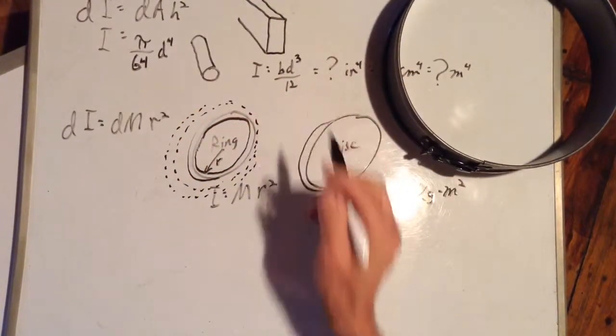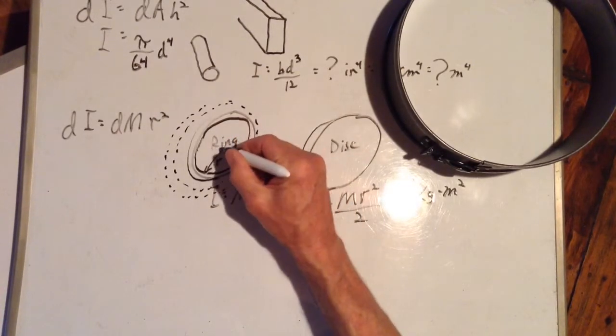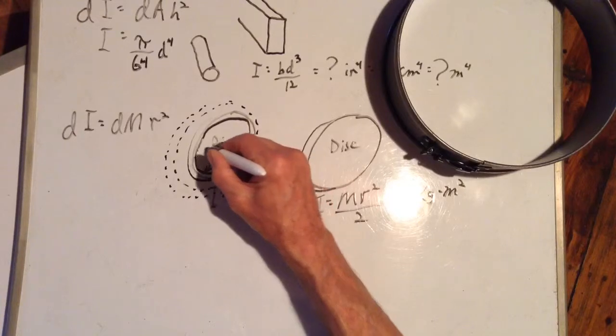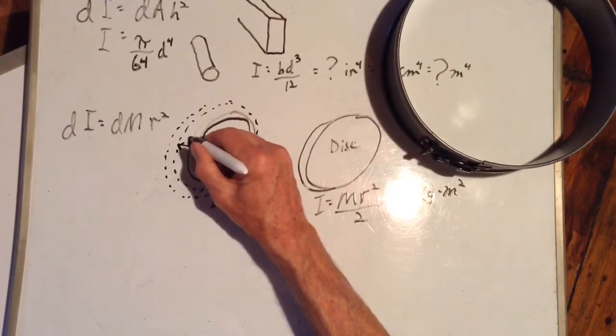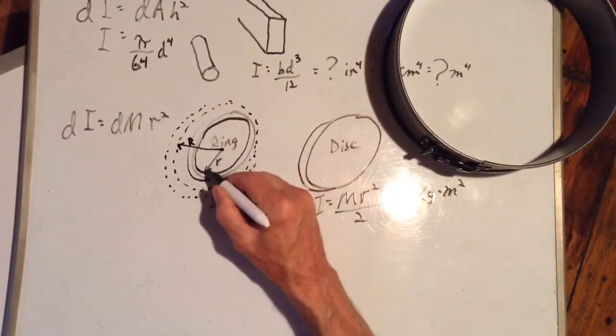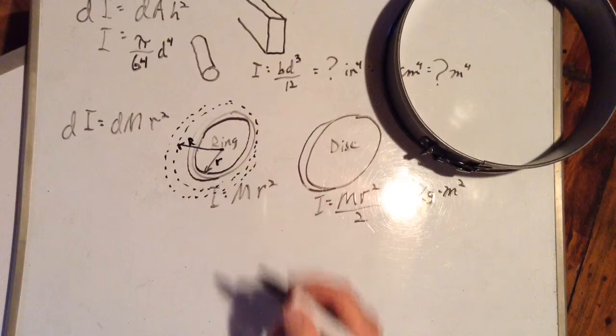Well, not too pretty a disk. But anyway, let's say the radius of the disk is capital R, and the radius of our ring that we're going to use to integrate, we'll call it lowercase r.